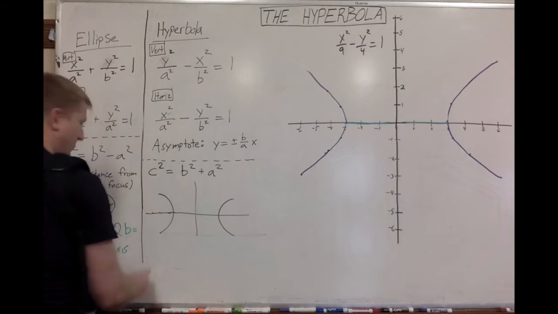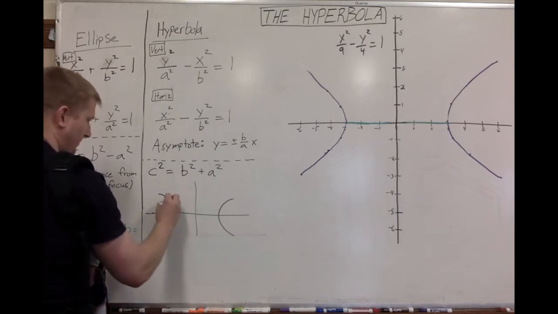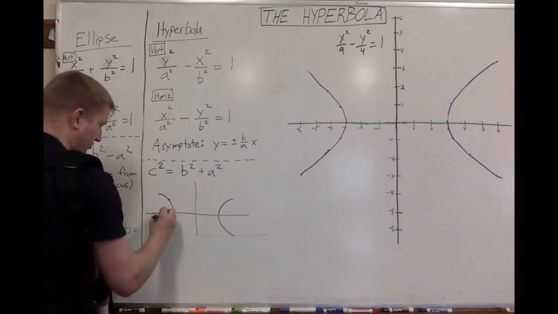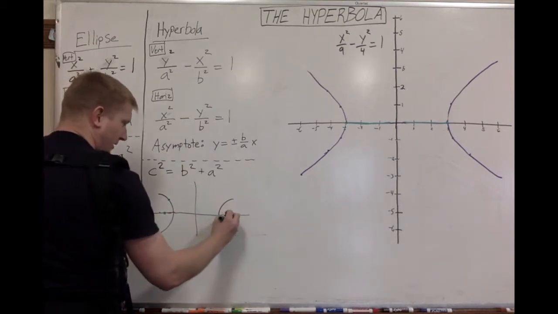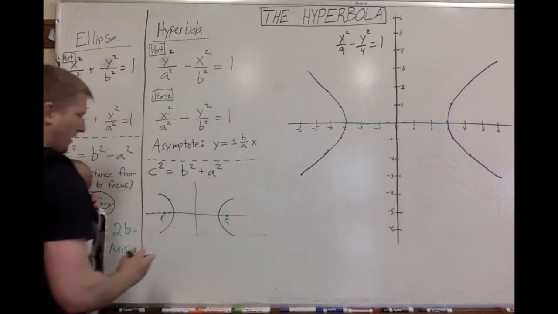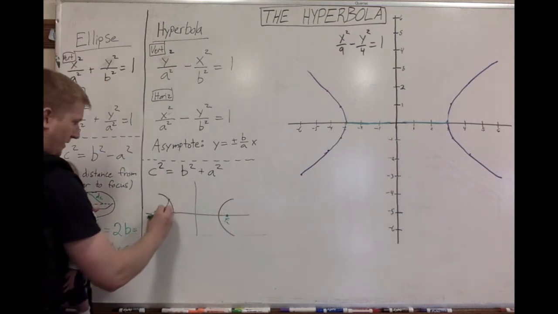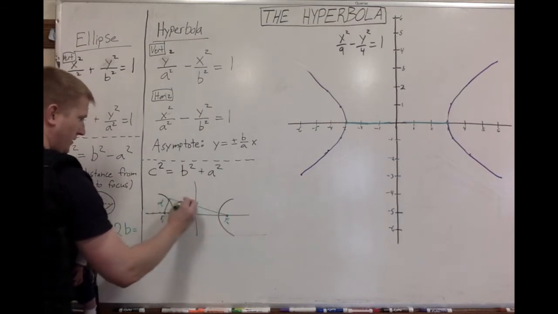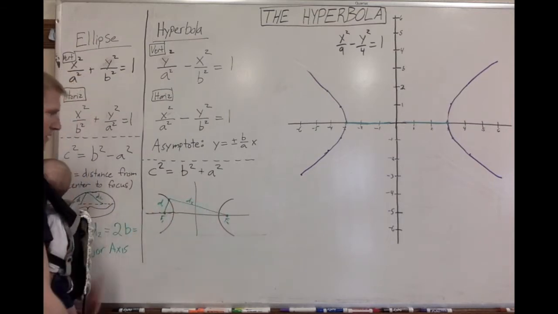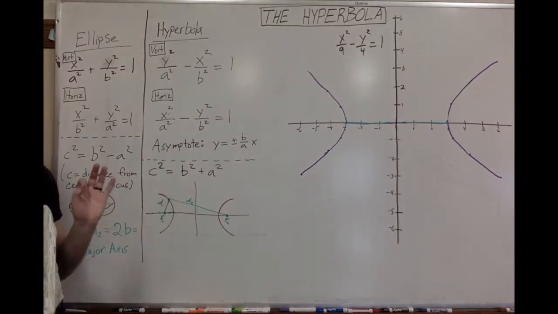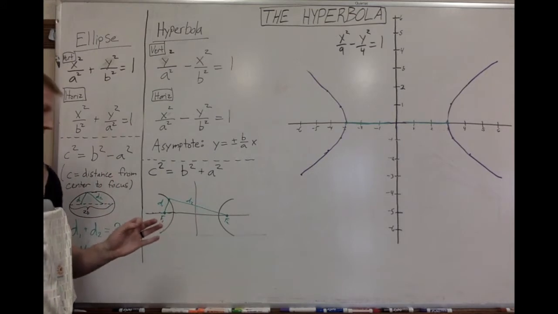We pick some point on the hyperbola, and I'm just going to assume that the focus points are generally like here-ish and here-ish. Call that F1, F2. Then this would be D1, and this would be D2. Okay. So for the ellipse, D1 plus D2 equaled some constant distance.